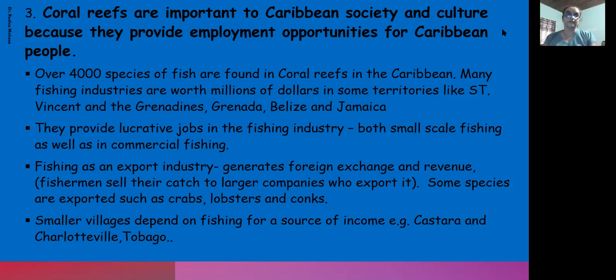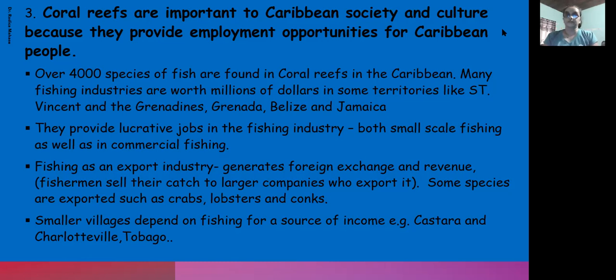So you generate foreign exchange and revenue through the exportation of fishing. So that whole export fishing industry is a source of revenue for the countries. And you have the examples throughout the Caribbean.